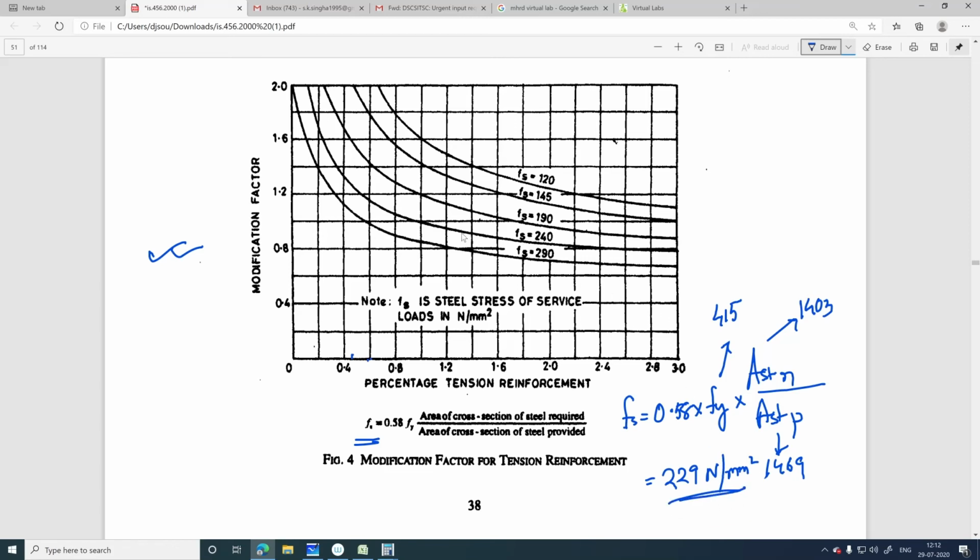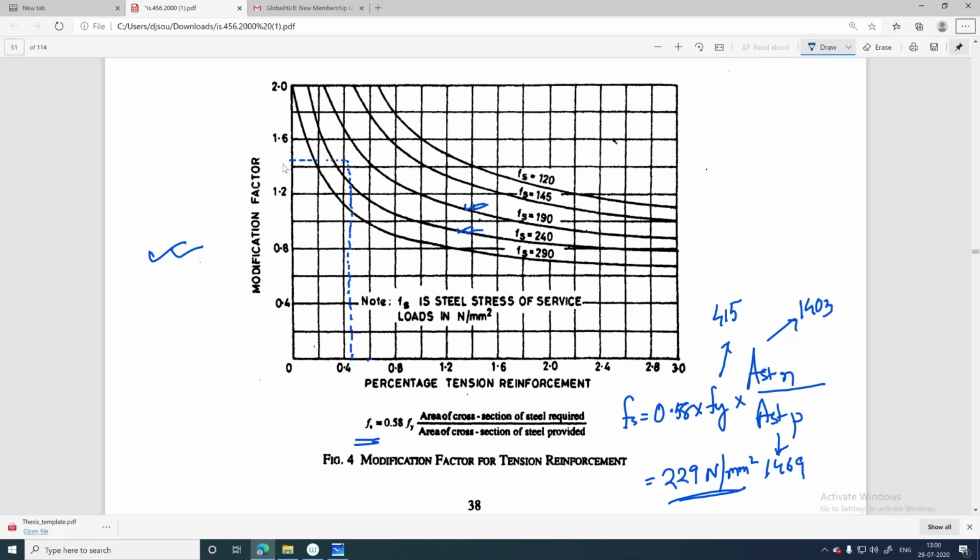So that should be in between 240 and 190. The corresponding value, if we consider over here, is near about 1.45.